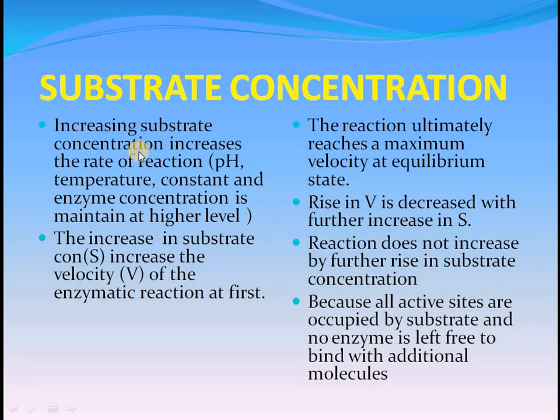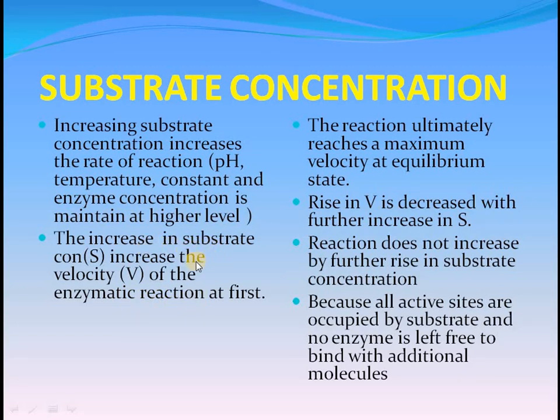Increasing substrate concentration increases the rate of the reaction. But again, pH and temperature are constant and the enzyme concentration is maintained at a high level. The increase in substrate concentration, which is shown by S, increases the velocity of the enzymatic reaction at first.